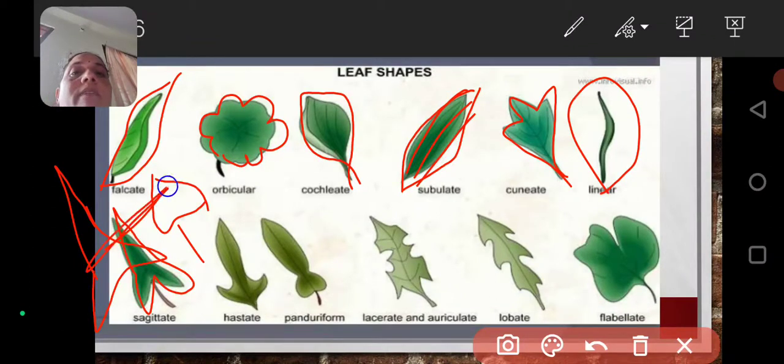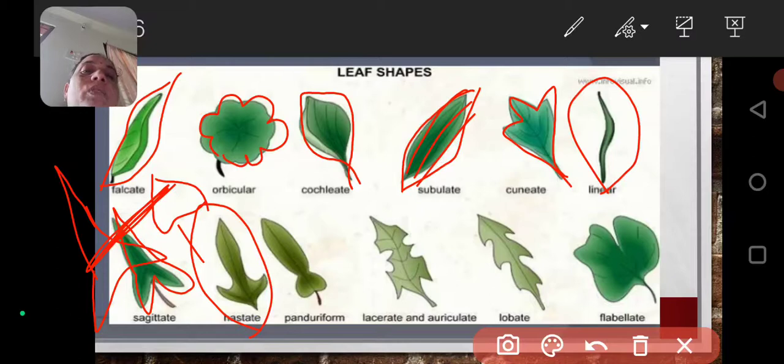This is different from the obcordate leaf. This structure is called sagittate, and this is called hastate. There is a small difference between sagittate and hastate: in the sagittate the leaf tips face downwards, and in hastate these 2 leaf tips face upwards.